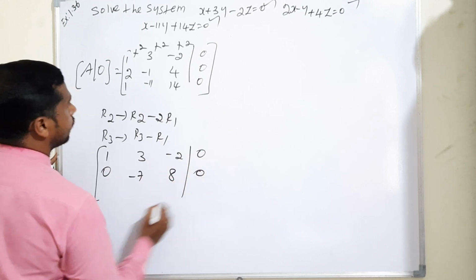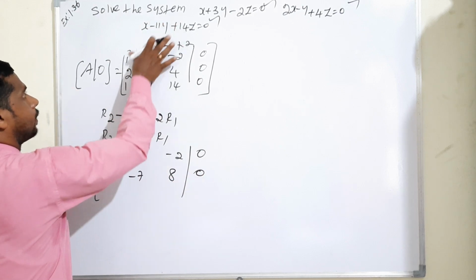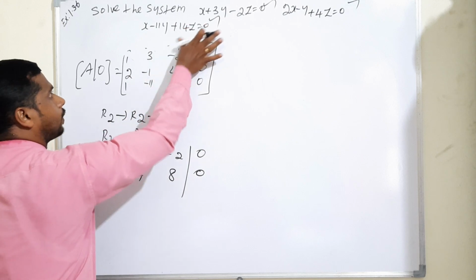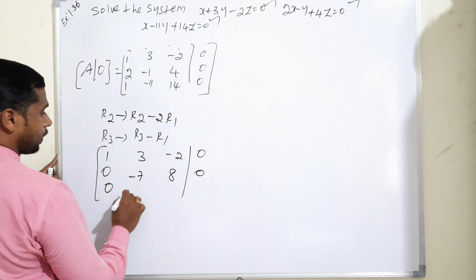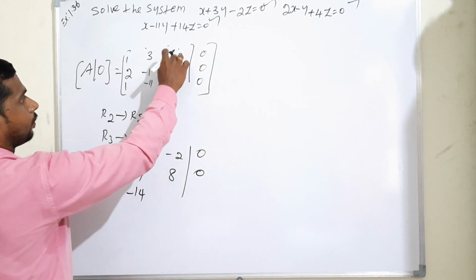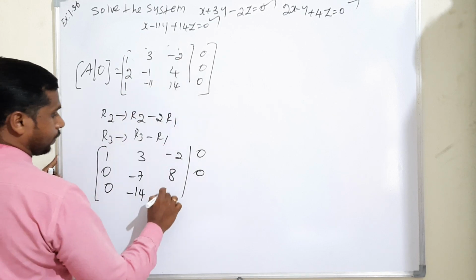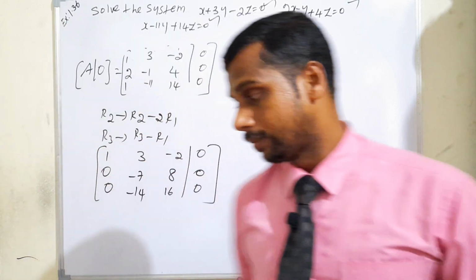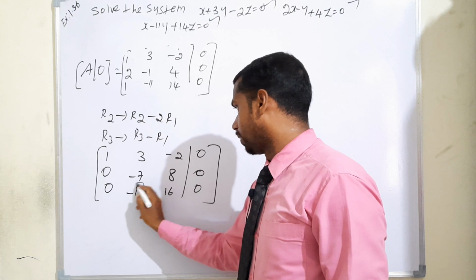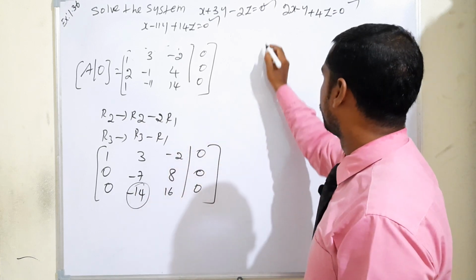Next condition, there is 0. Here directly R3 minus R1, isn't it? 1 minus 1 is 0, minus 11 minus 3 is minus 14. There 14 plus 2, so 16 will come. There is 0. Then next condition, here minus 7 is under the term where we have to make 0. What we have to do?